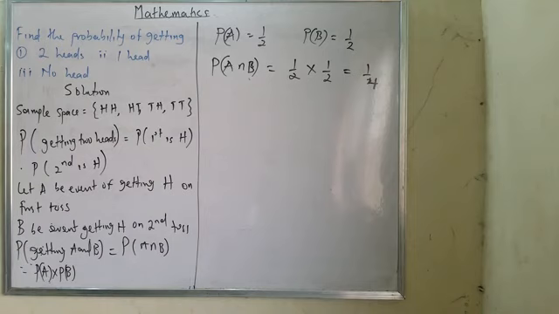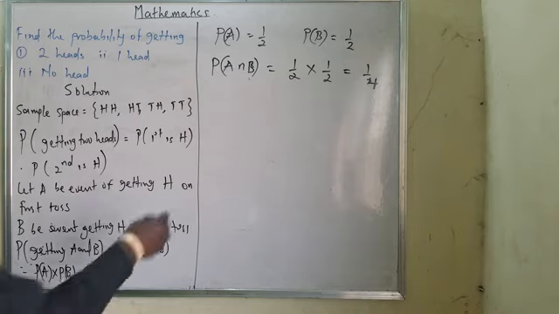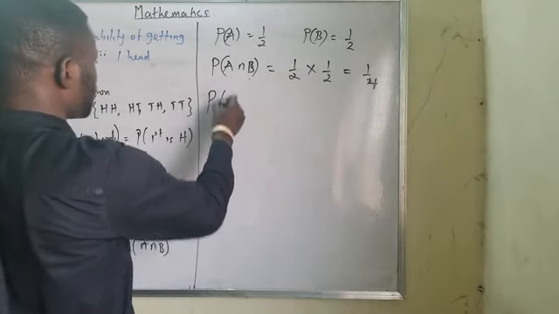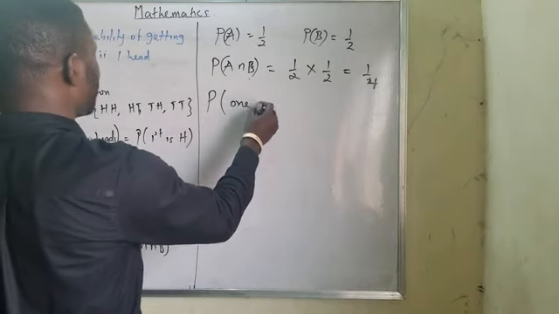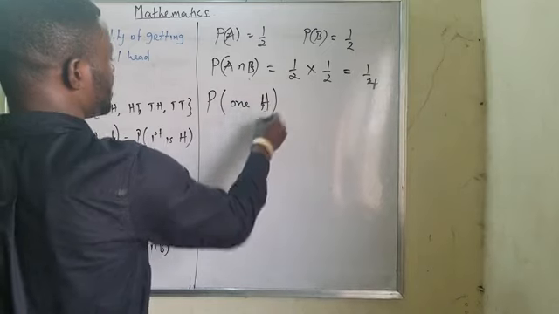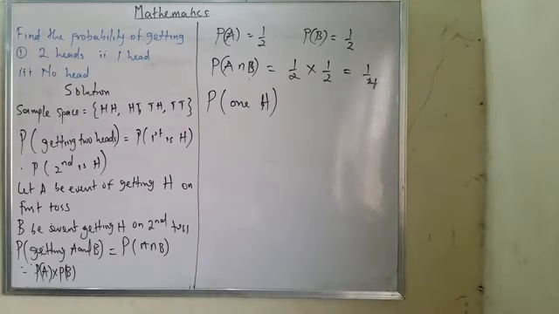Now the second one is the probability of getting 1 head.